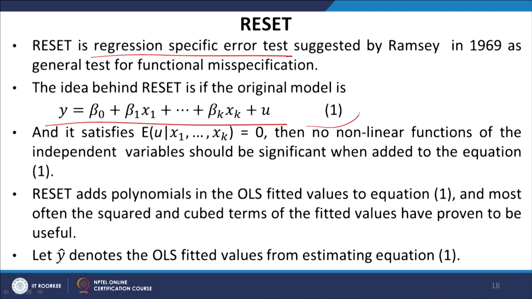RESET adds polynomials in the OLS fitted values to equation 1. This is our equation 1, and most often the squared and cube terms of the fitted values have proven to be useful. So, instead of considering a large number of polynomials, it at the max considers the squared and cube terms of the fitted values.